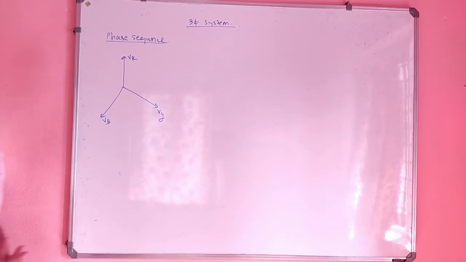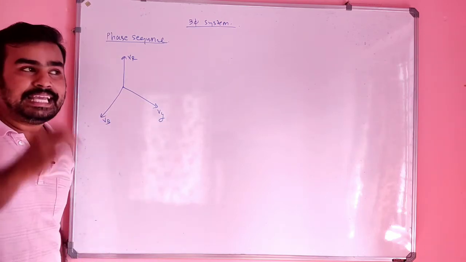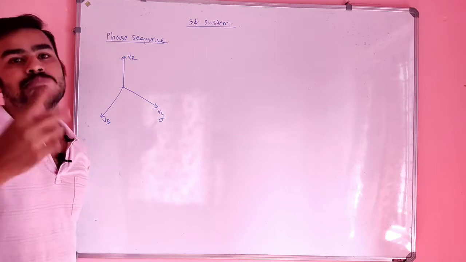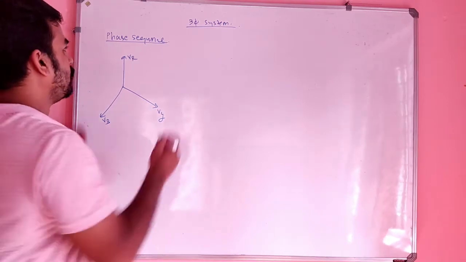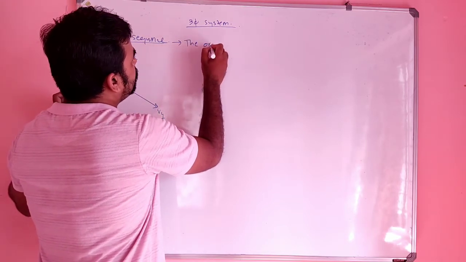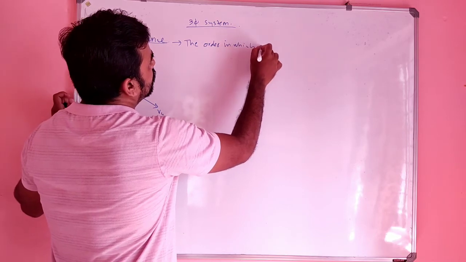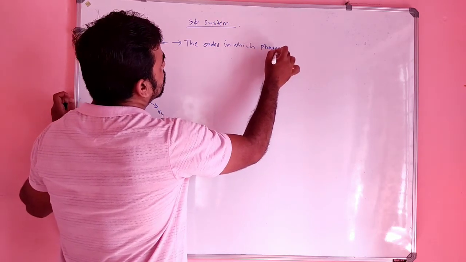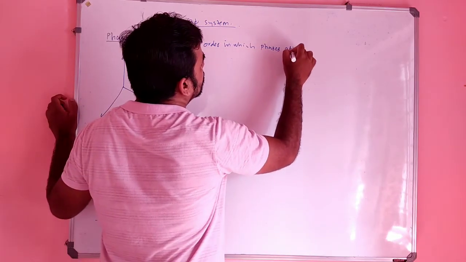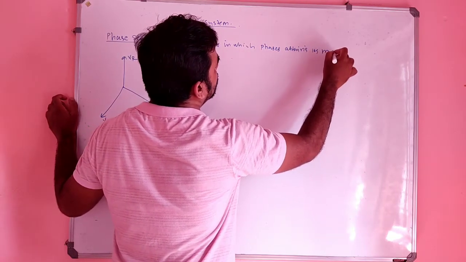The definition of phase sequence is nothing but the order in which each phase attains its maximum value. That is called the phase sequence.